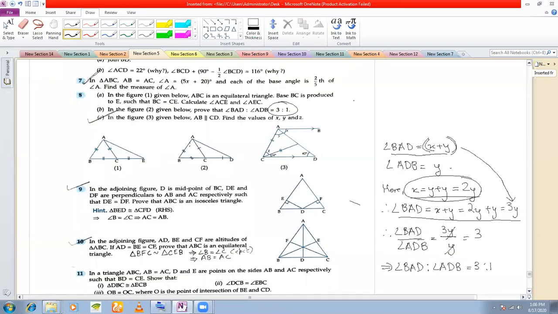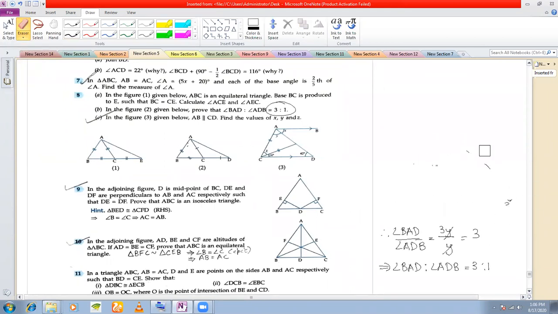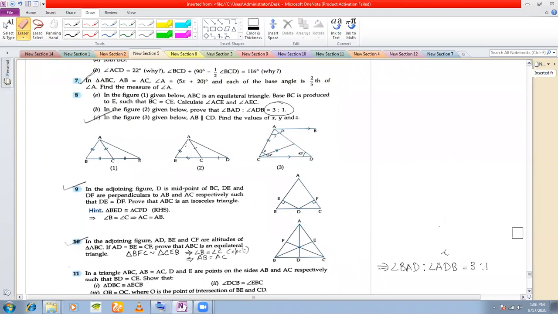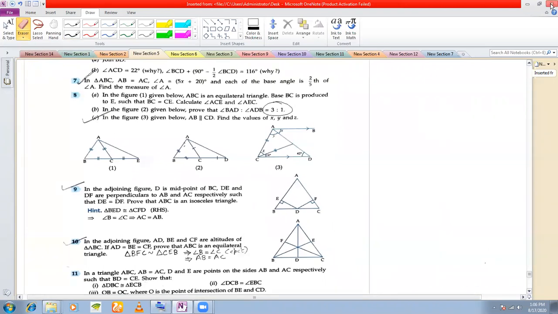Okay. In triangle ABC, AB is equal to AC. So let's draw the triangle here. Let me erase this first. Let's draw the triangle ABC and label the vertices. Given AB is equal to AC.